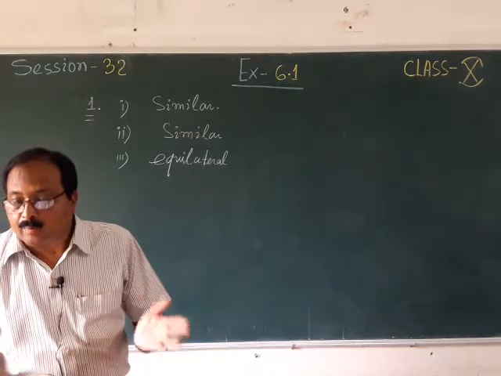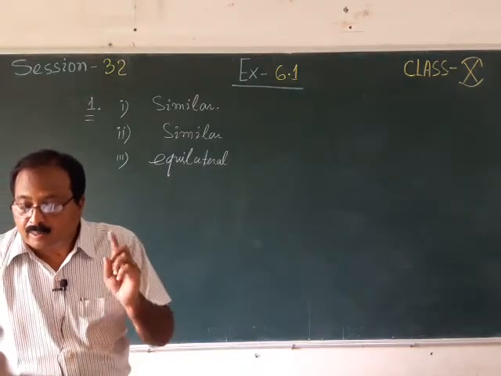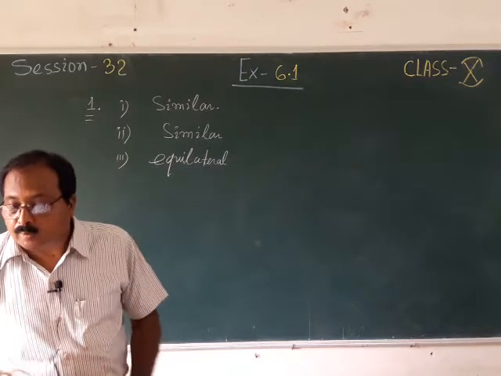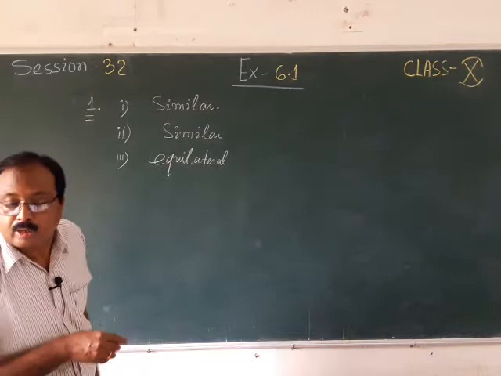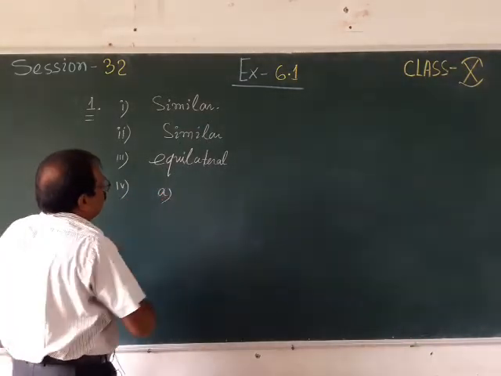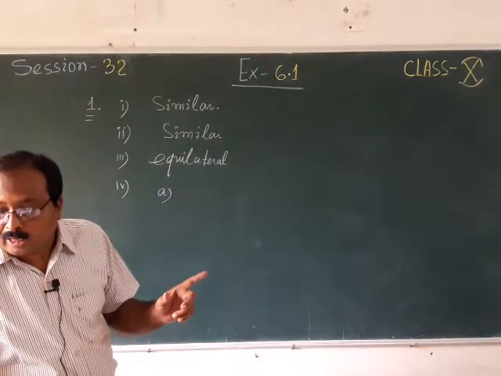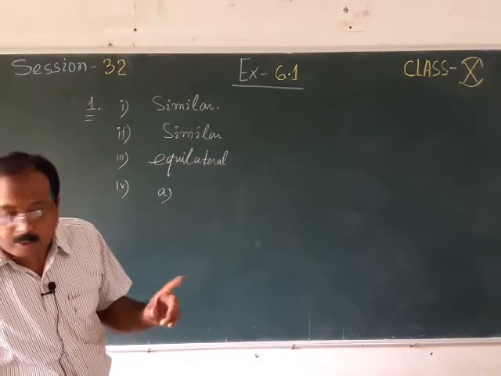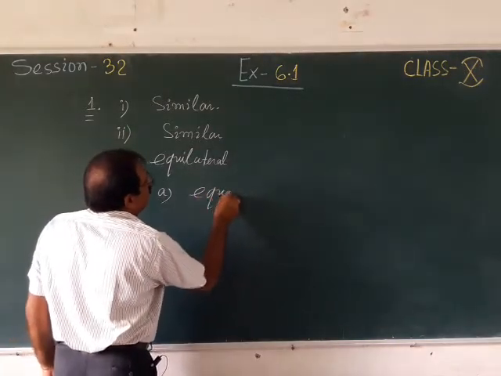Two polygons of the same number of sides are similar if, number A, their corresponding angles are equal. In question 4, two blanks are there. In A you need to write their corresponding angles are equal, so fill in the blank with equal.